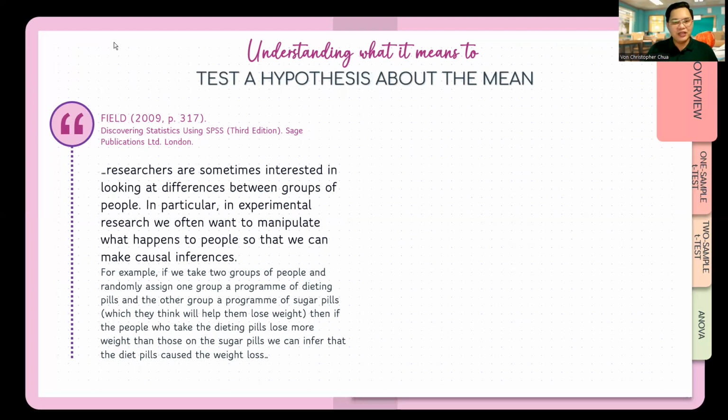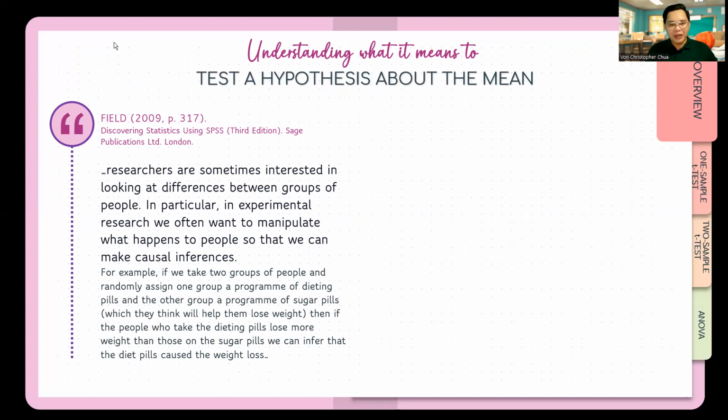Another example that Field provides is, for example, if we take two groups of people and randomly assign one group a program of dieting pills, and another group, which will be considered the placebo group or the control group, is given sugar pills instead of the dieting pills. After a certain period of time that they take the pills that were assigned to them, we measure their weight.